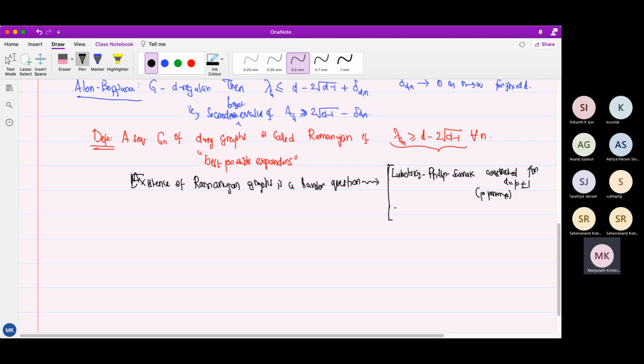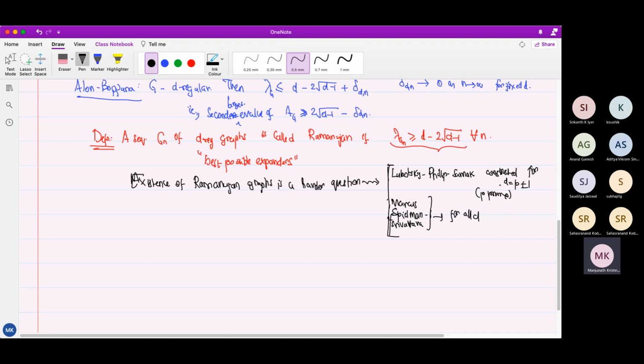Better, now it was constructed recently. This was a big work of Marcus, Spielman, and Srivastava. They constructed it for all d. Okay, it's a somewhat randomized construction, but nevertheless, for any d, they could construct it.